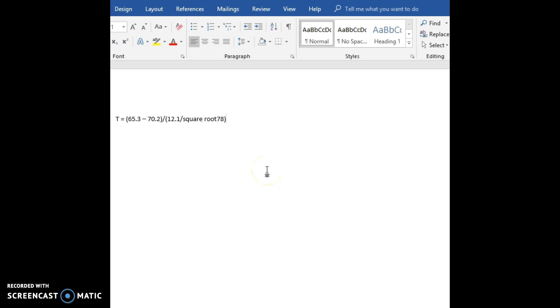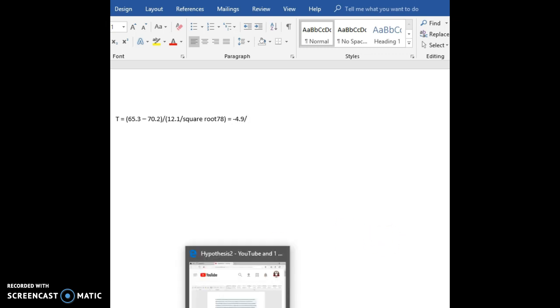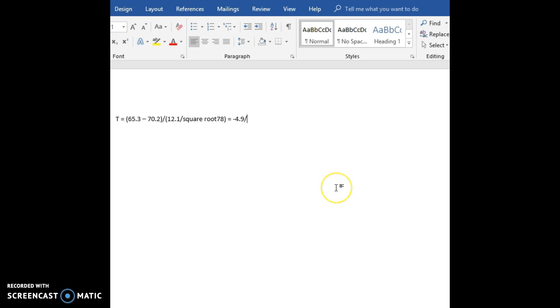All right, and I'll put that into my calculator. Now, I like to do the top first and the bottom second to make sure my calculations are right. So the top gives me negative 4.9. The bottom gives me 1.3700555211.